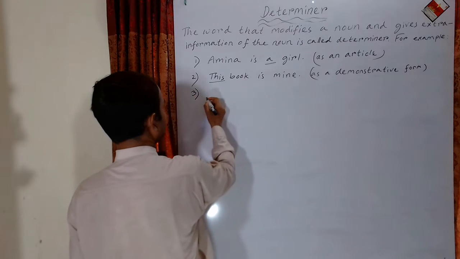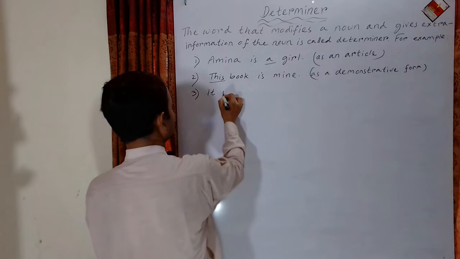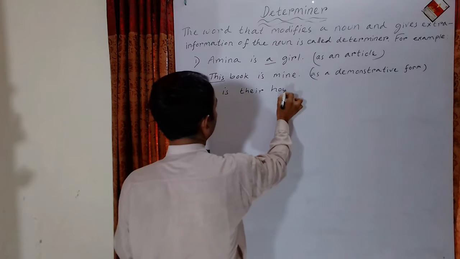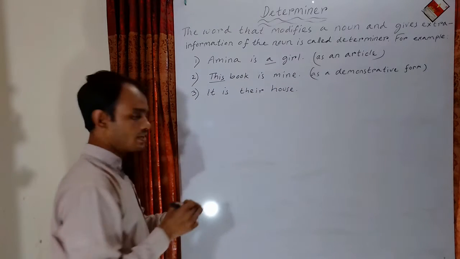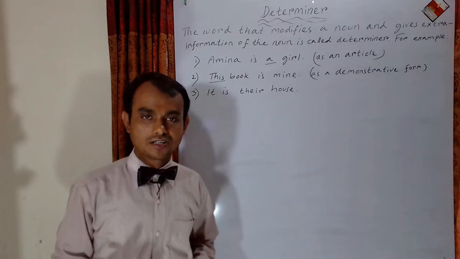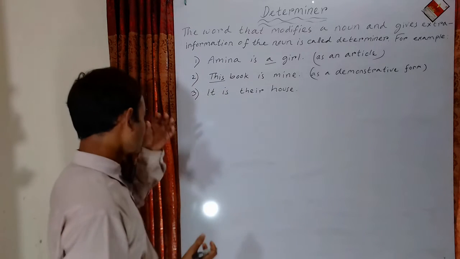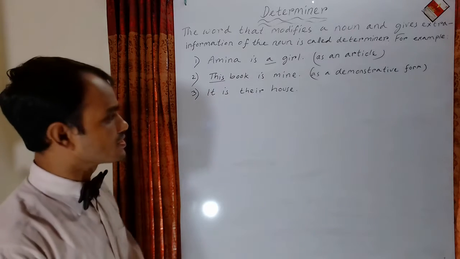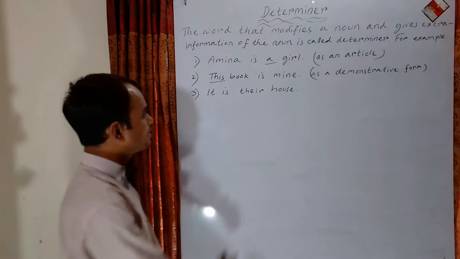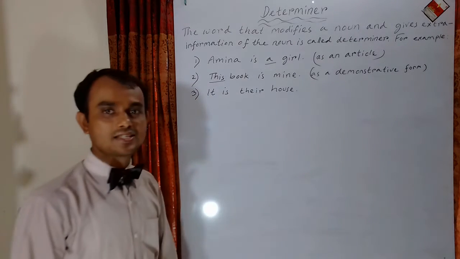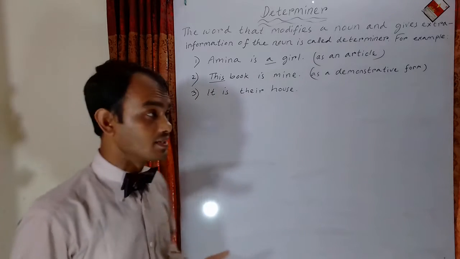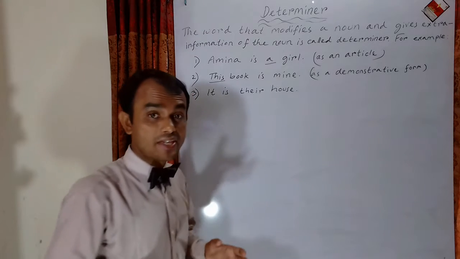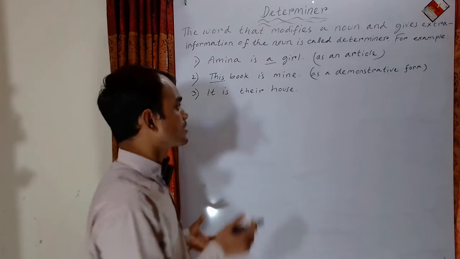Okay, three: It is their house. Dear students, I have also written another very small sentence. It is their house. From this sentence, we find a word their, and this is a possessive form, and this possessive form is modifying the noun house and giving extra information of the noun house.